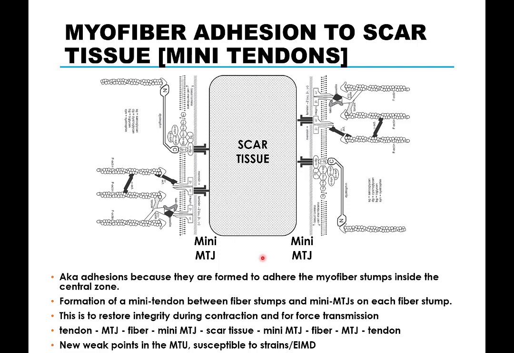Thus, over time, the MTU has a decreased strength capacity. And this is one of the multiple factors that contribute to the reduced muscular capacities and performance of aging athletes. And this is also contributing to the increased rate of muscle damage and increased susceptibility to muscle strains with aging. Again, because there are just many more weak points within the MTU.